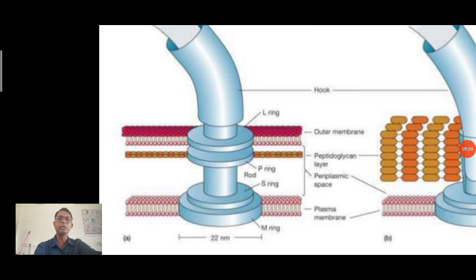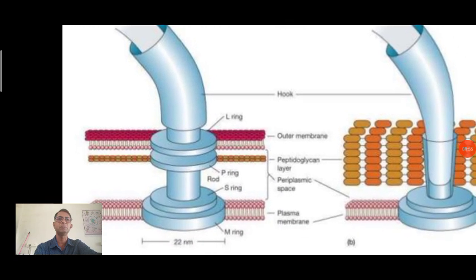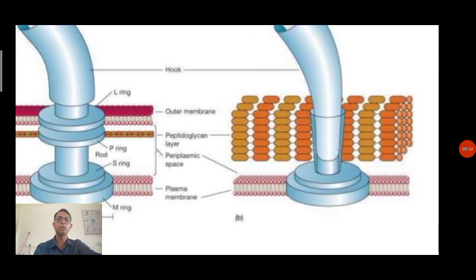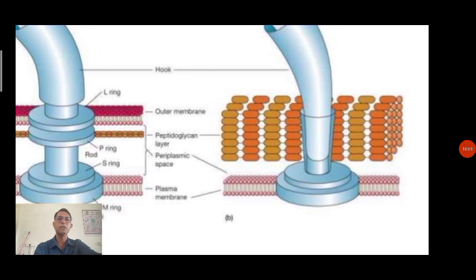So the L ring you can see here is present in the outer membrane. Then the P ring is present in the peptidoglycan region. The S ring is present in the plasma membrane, and the M ring is also present in the plasma membrane. So these are the four rings which are present in the bacteria, and this particular structure you can see here.